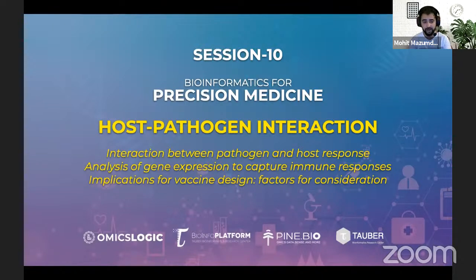So after applying and learning about all of these technologies and how they can be done for different diseases, here we are going to learn about the strategies that we can apply to overcome them. We will talk about vaccine design, so how bioinformatics, or how you can consider data and then think about vaccine design. You have a lot of information coming from big data, about the sequences, about the gene expression.